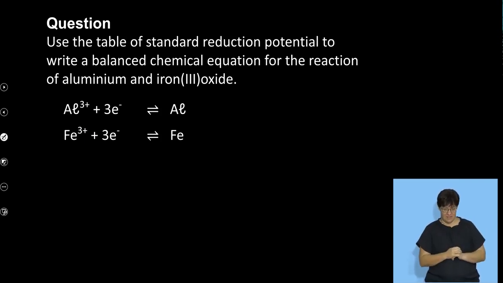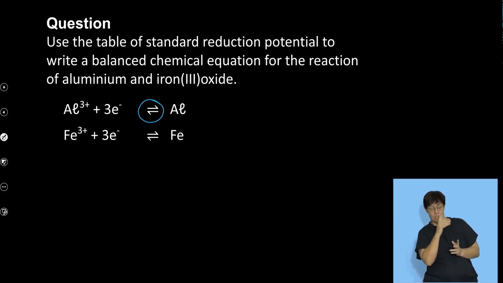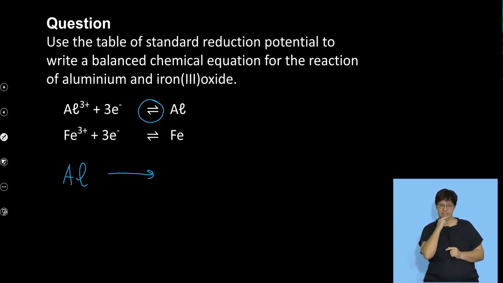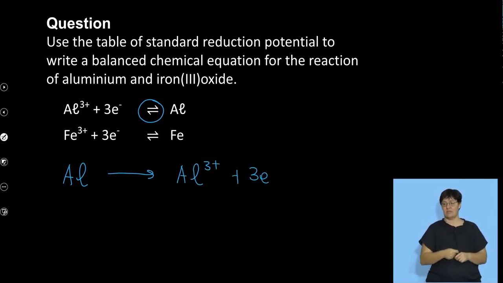So we can represent the top equation, because the equation can be interpreted left to right or right to left. In this case, it's going to be aluminium undergoing oxidation. It goes one way because of the comparative strength of the two. Then we get aluminium ions plus 3 electrons, right?